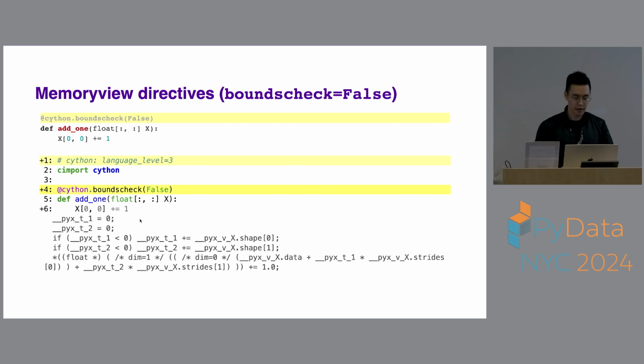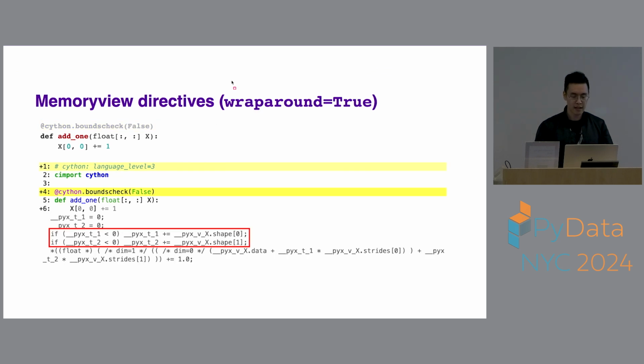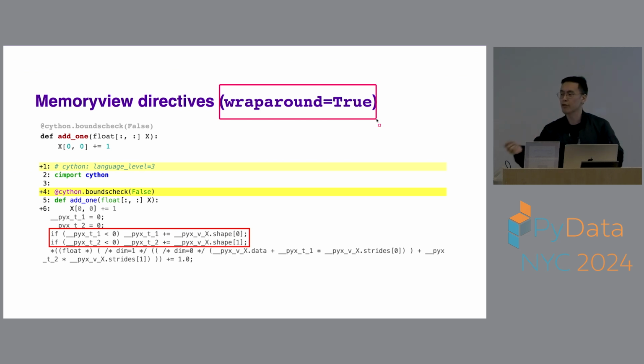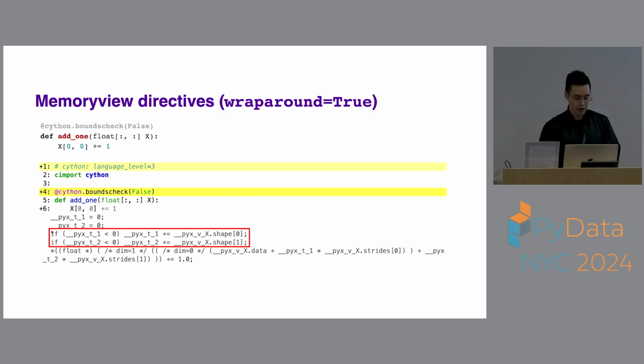Another directive is called wraparound. So wraparound is a very Python-like thing where when you use -1, it goes all the way back to the end. And you can see it's the code over here. So it wraps around literally, and this is another check. It checks if it's negative.